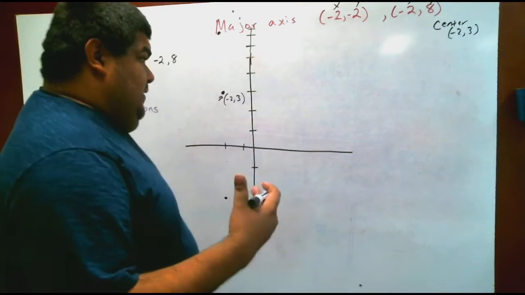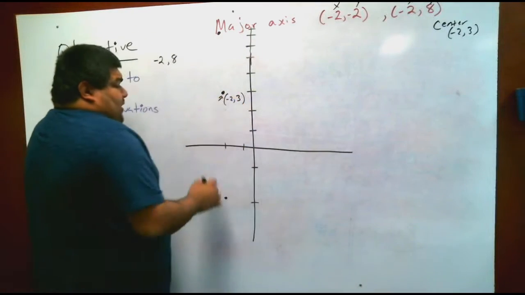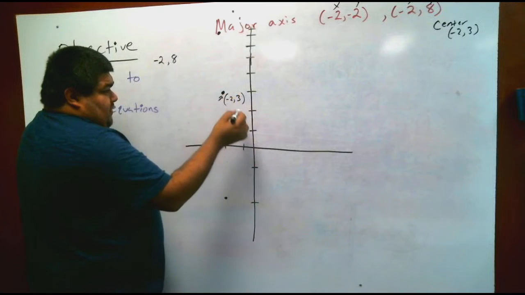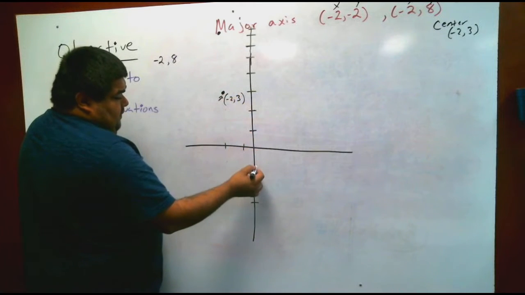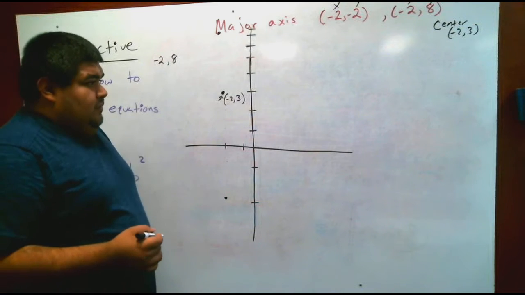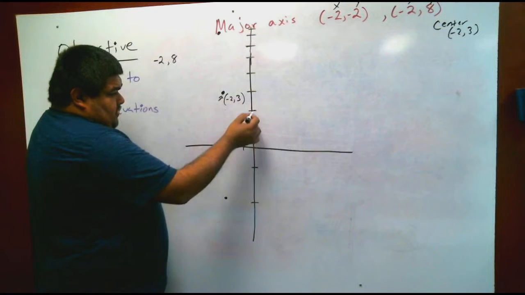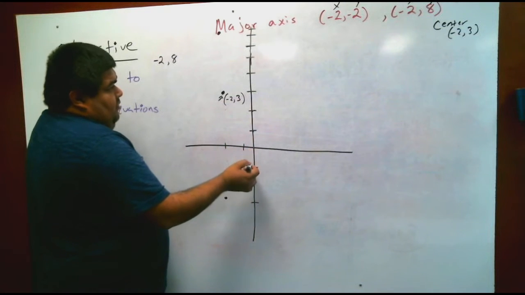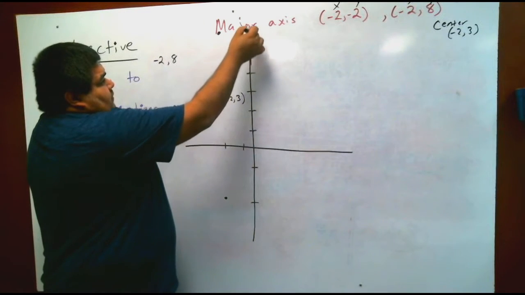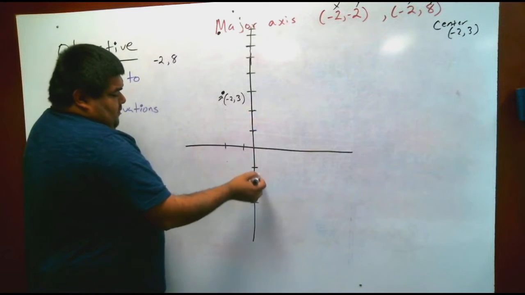Our foci is halfway the radius. So if we have 1, 2, 3, 4, 5 as the radius, or technically 4, we have 1, 2, 3, 4, 5.